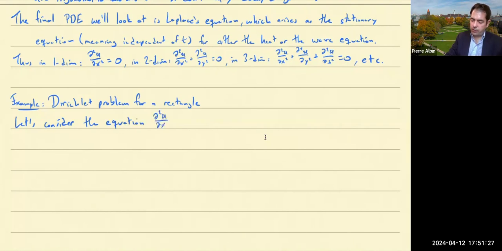So let's look at the two-dimensional case, on the rectangle, so where x is between 0 and a, and y is between 0 and b, subject to the boundary conditions.